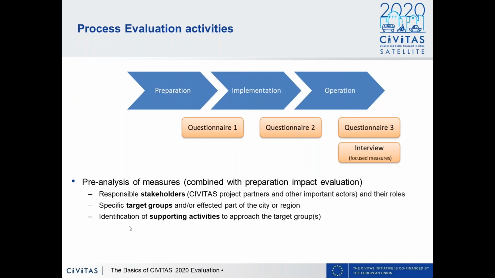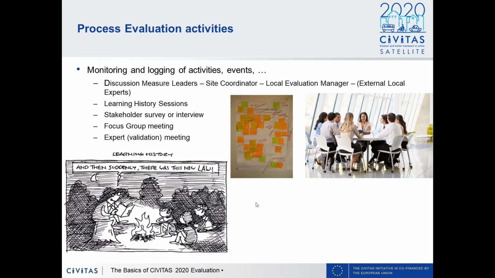And in many cases, but it's not always, it depends really on your measure, it's important and it really helps to make a good identification of supporting activities to approach these target groups, as I showed before. Now, that's what you should do in the beginning, because based on this, you can already make a kind of process evaluation plan.